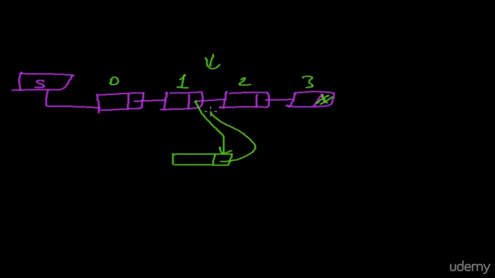So this will start pointing to the second node. Next, the link part of the first node needs to point to this temp node, so we will copy the address of this temp node here. So what will be the case now? This will start pointing to this, and this will start pointing to this. So we will be able to insert a new node in the specified location.